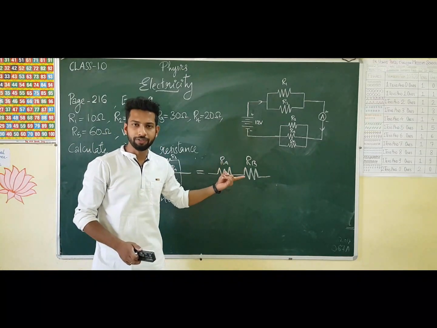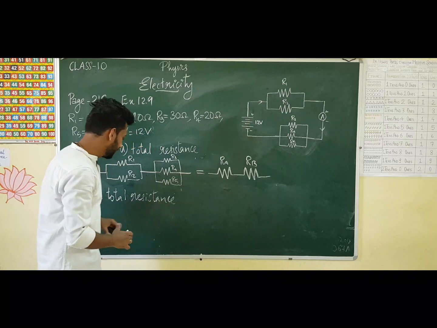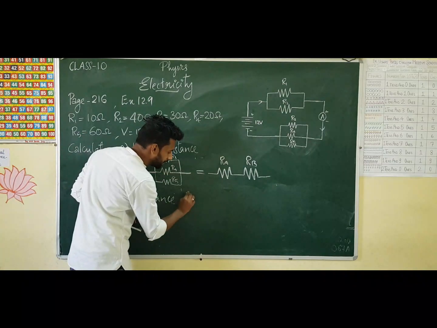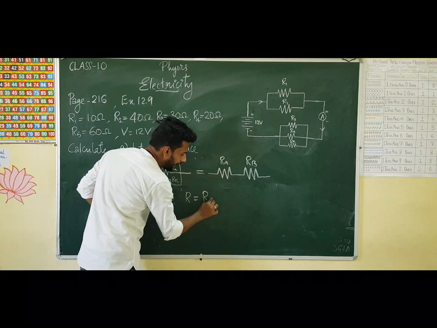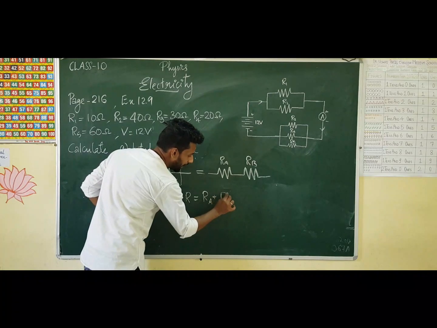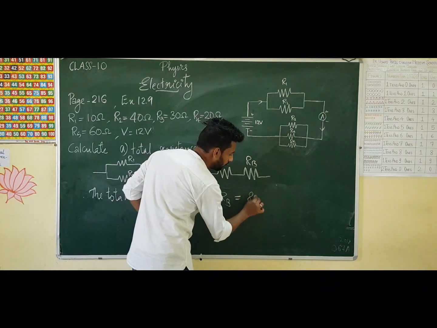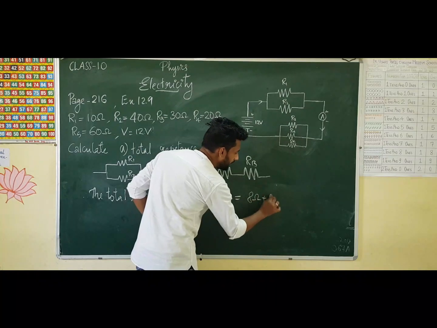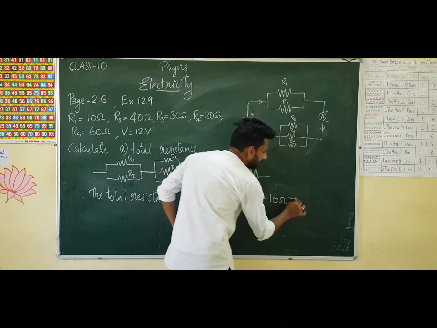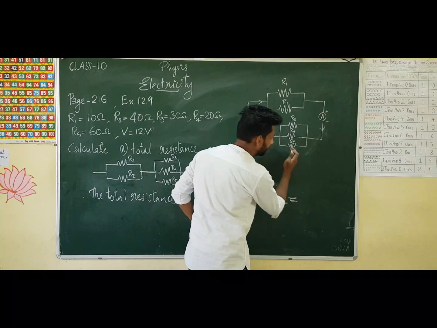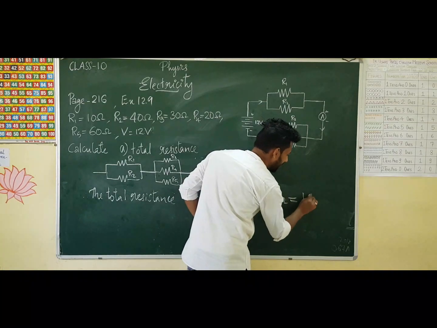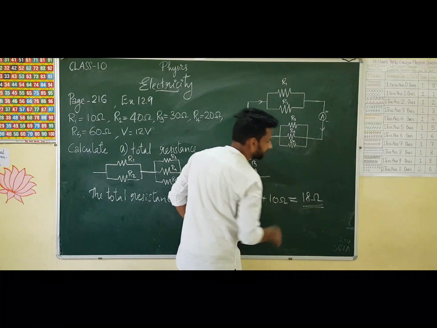So the total resistance R equal to RA plus RB. Substitute the values: RA was 8 ohm plus RB 10 ohm. So our total resistance for this circuit is 18 ohm.